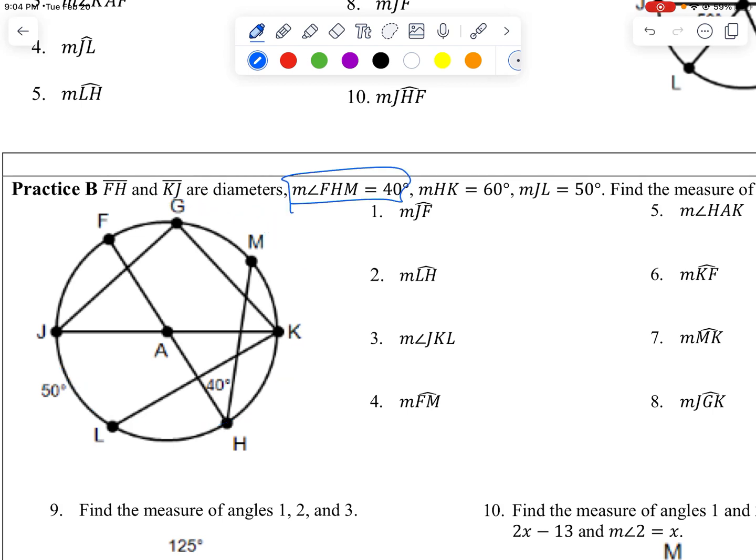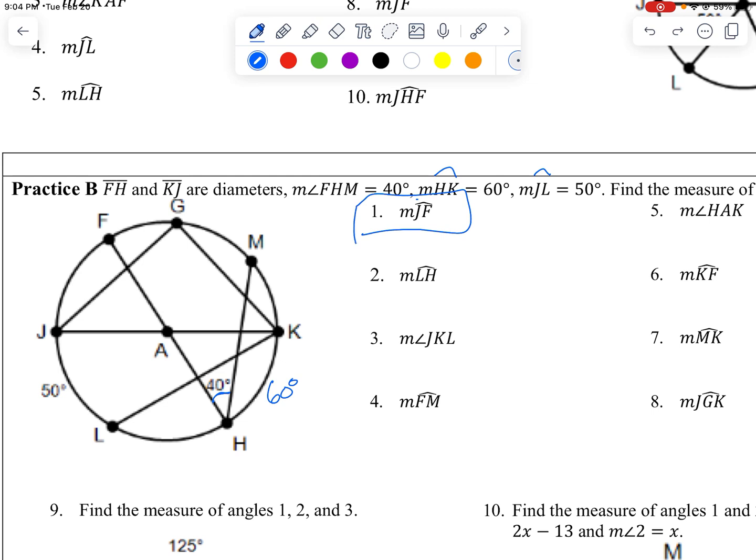And then we got the measure of FHM, which is this one, is 40 degrees. It's already labeled. That's what this part is. And then we got the measure of arc HK is 60 degrees. So we got HK here. This is going to be 60 degrees. And then the measure of arc JL, which is over here, is 50 degrees. So that's already on there as well. Just this one wasn't. Okay.